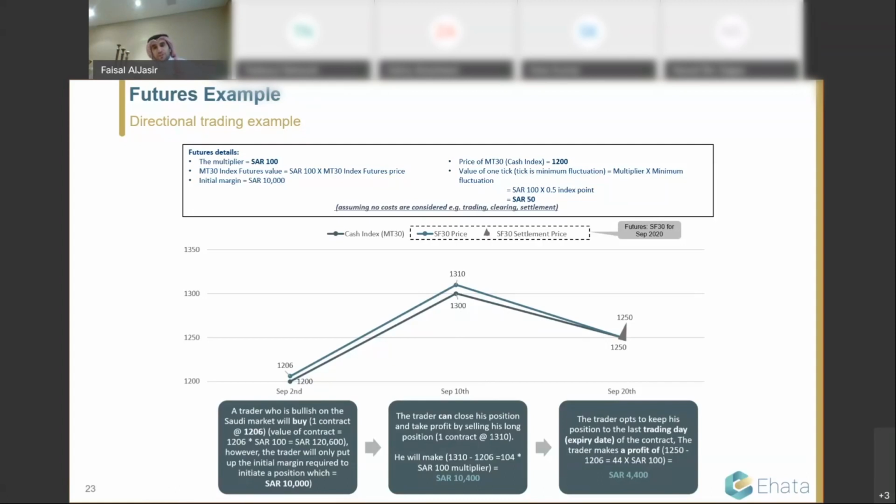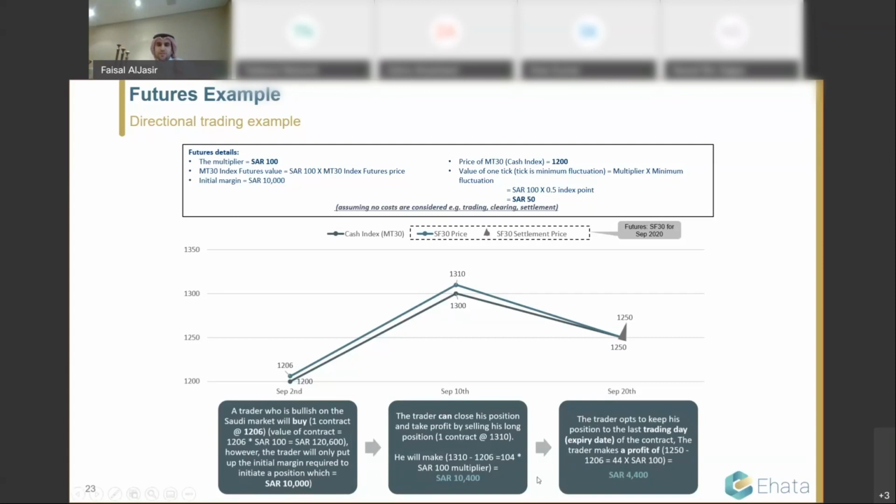So if you look at this situation here, basically your mark to market, and when you say mark to market, what is the fair value of your position as we stand? So when we look at that, you would see 1,310. If you subtract from that 1,206, you get 104.